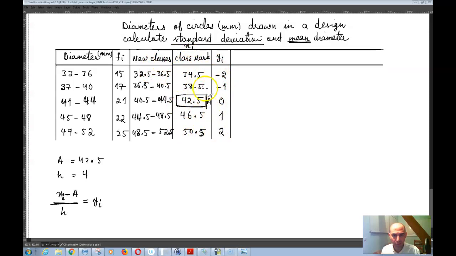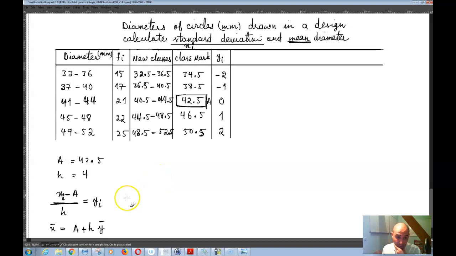Compare them, and you can then appreciate how this method works. Now, we found some relationship between x bar and y bar. We said that x bar is equal to a plus h times y bar, right?